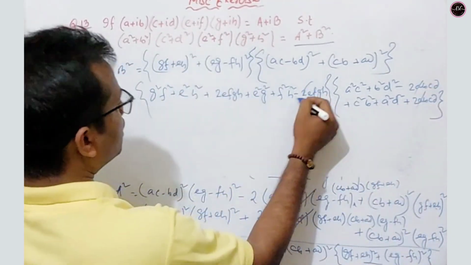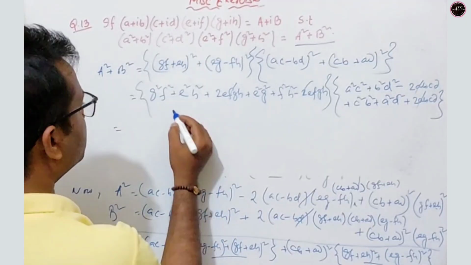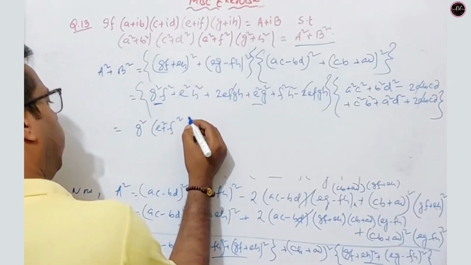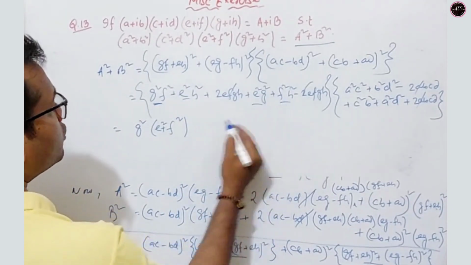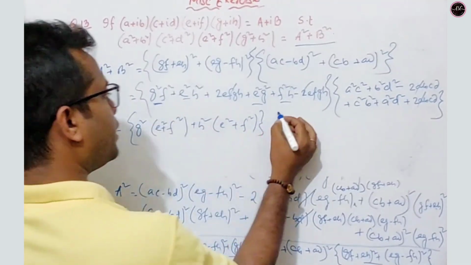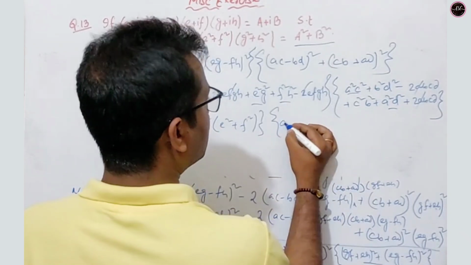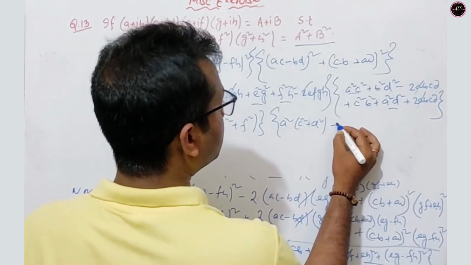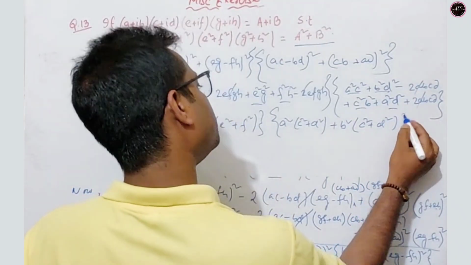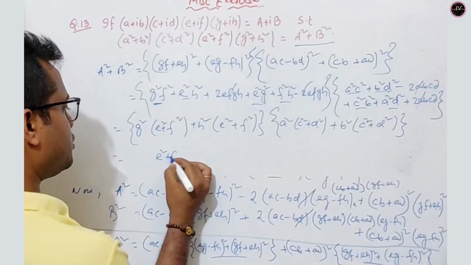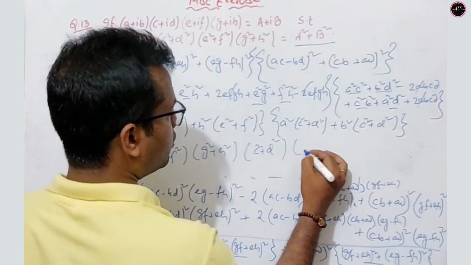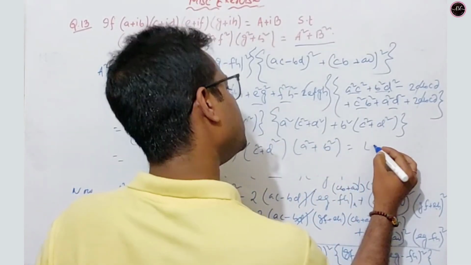Now cancelling this and this, we get, if we take common G square and F square, and between these two common H square and E square, E square plus F square. And here A square common C square plus D square, and plus here these two B square, if we take common C square plus D square. Now from these two, E square plus F square common, then there will be G square plus H square, and here C square plus D square, and there will be A square plus B square, equal to LHS.